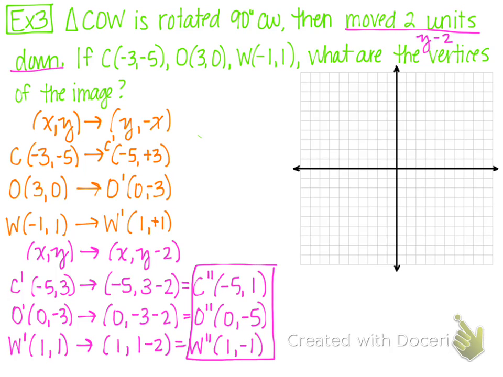So originally we were at negative 3, negative 5. Three, 0. And negative 1, 1. And let's connect those dots. Then we have negative 5, 1.